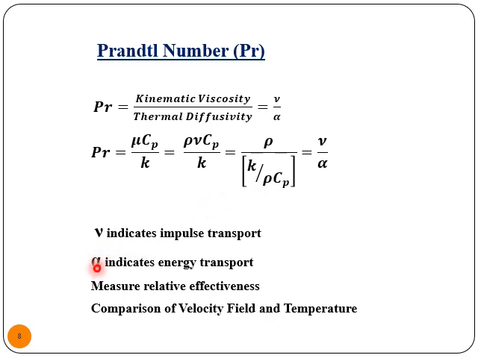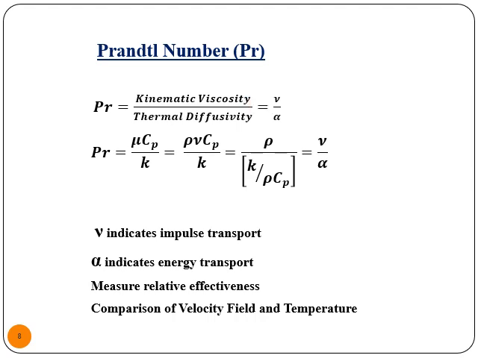So if the conductivity is higher, then you have higher thermal diffusivity of the fluid. In that case, the Prandtl number will be less. But if kinematic viscosity is high, then you will get higher values of Prandtl number. So Prandtl number is an important dimensionless number which is used in both forced convection as well as free convection.